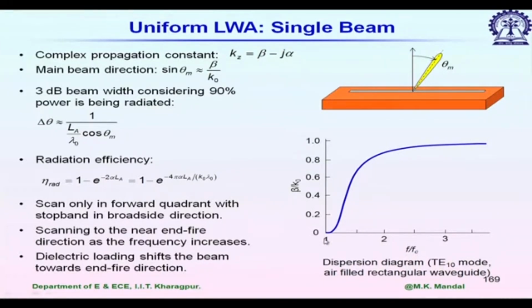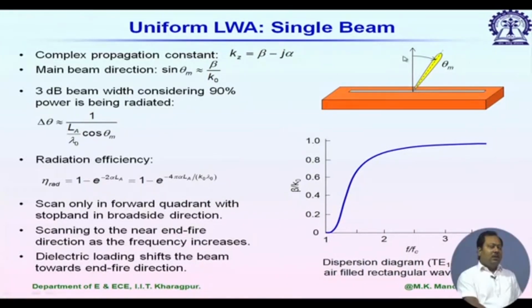At cutoff frequency, beta is 0. In that case, beta by k naught is 0, and we would have radiation in the broadside direction. But since it is at cutoff, the input impedance is infinite, we do not have any wave propagation inside, and we do not have any radiation in the broadside direction.